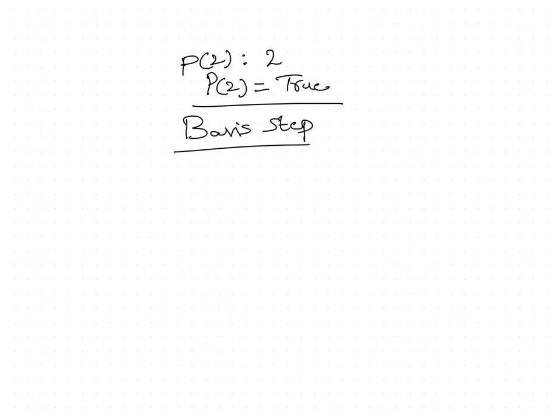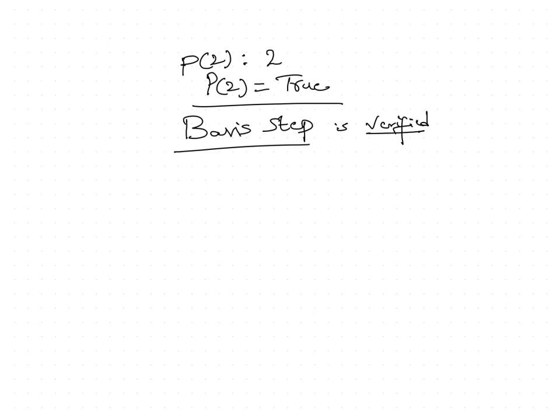So 2 itself is a prime, and we don't want any other product of another prime number. So hence P of 2 is equal to true, right? So once P of 2 is equal to true, I can say that the basis step is verified.